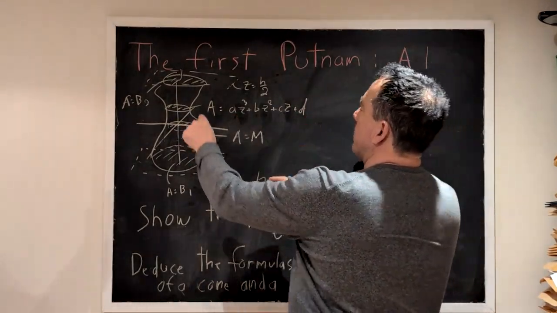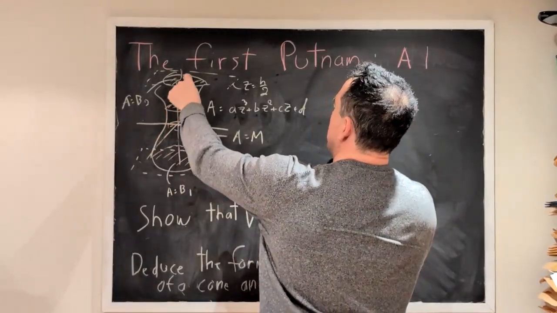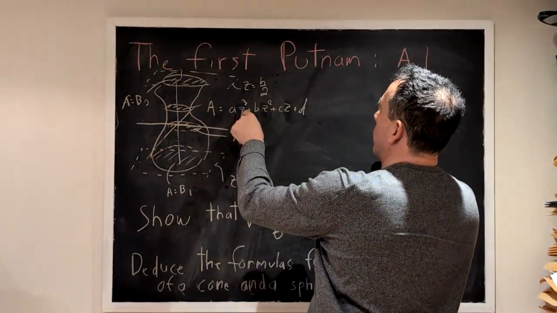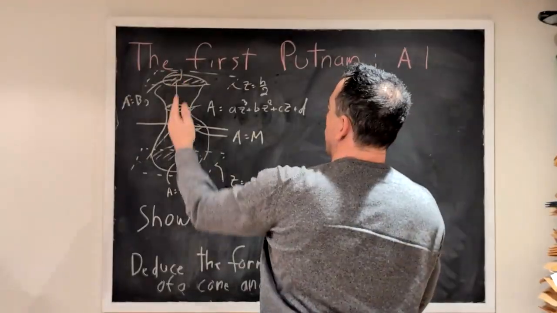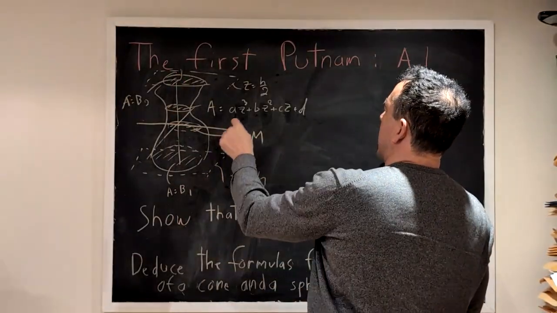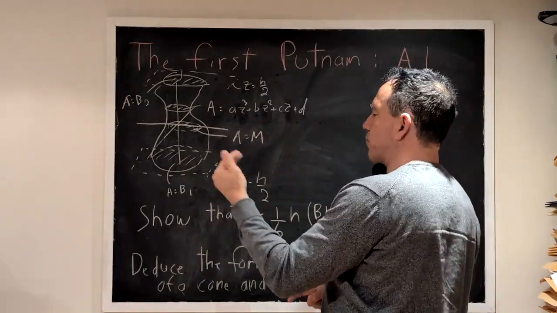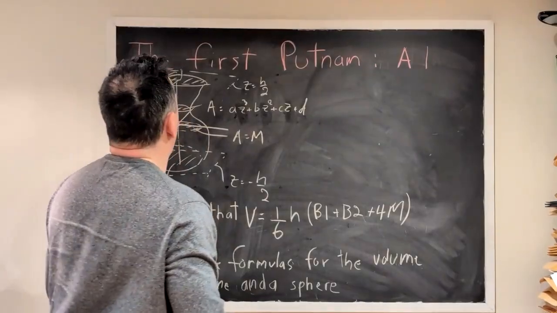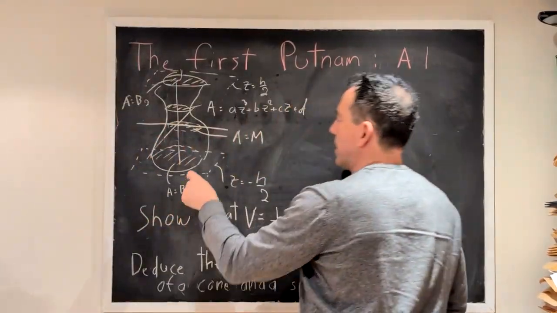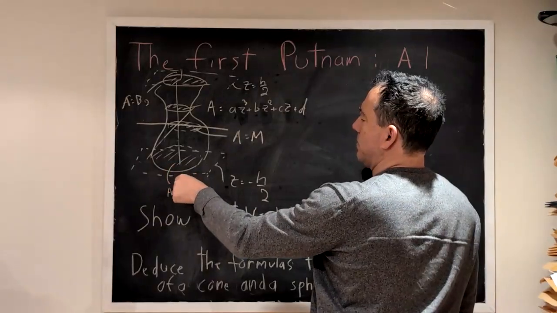So basically the area of each of these sections depends on the variable z, the height along the z-axis, in a third-degree manner.